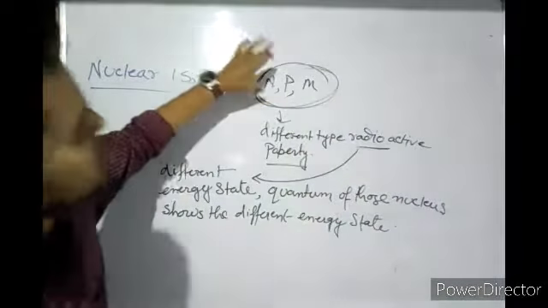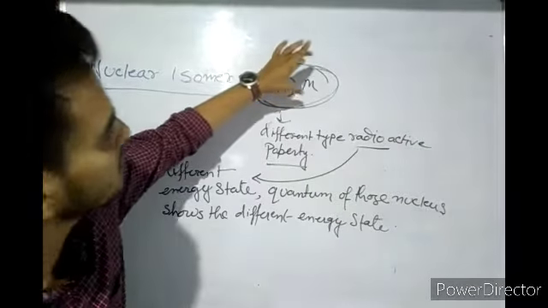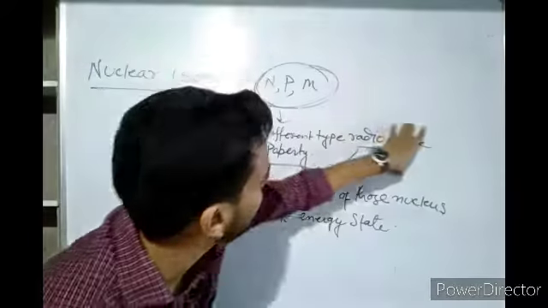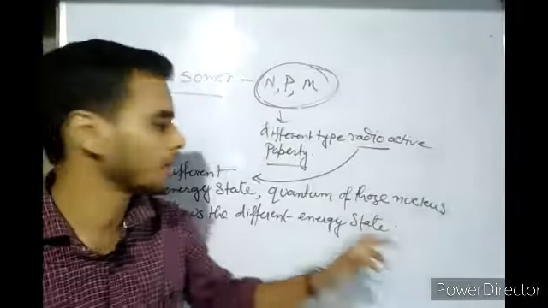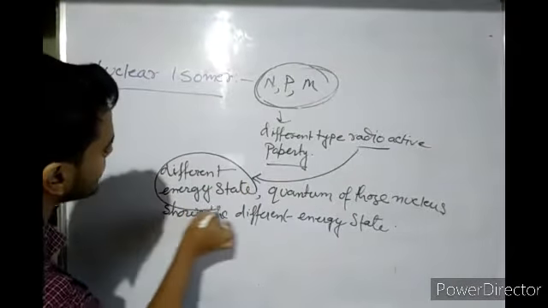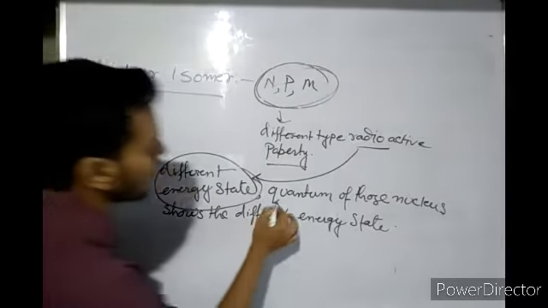Nuclear isomer means same number of neutrons, same number of protons, same mass, but the nuclei show different radioactive properties. The radioactive property is different due to the presence of different energy states of quantum numbers.